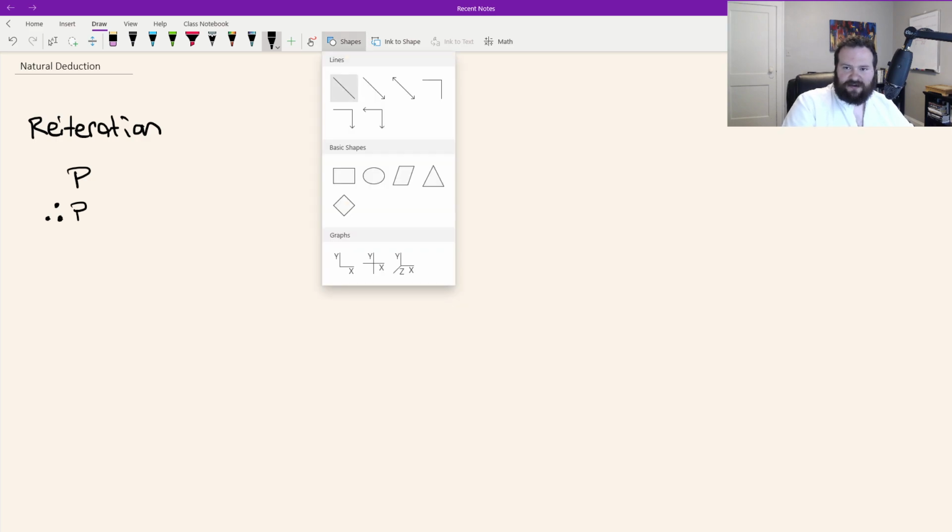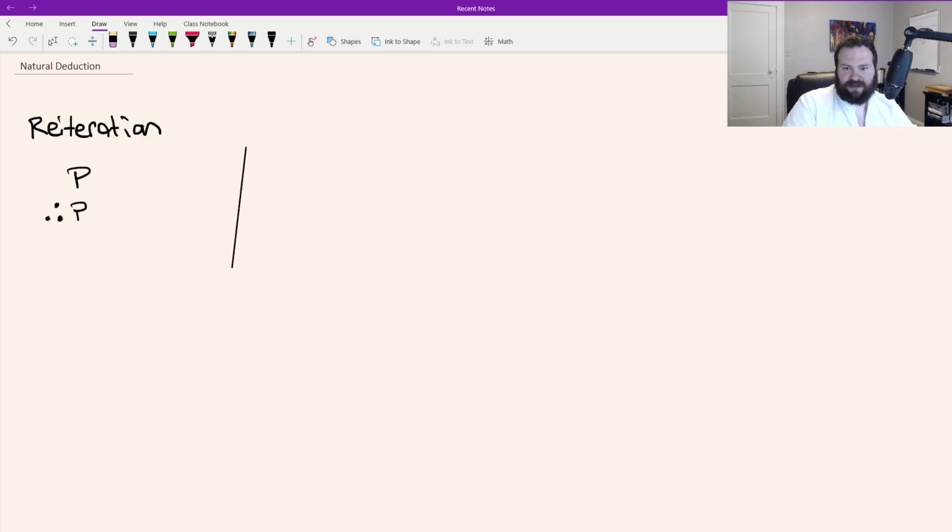You're going to start with a vertical line. Okay? Start with a vertical line, and then a horizontal line perpendicular to it. We are going to put our premise above that horizontal line. Okay? And go ahead and label it 1. Step 1.